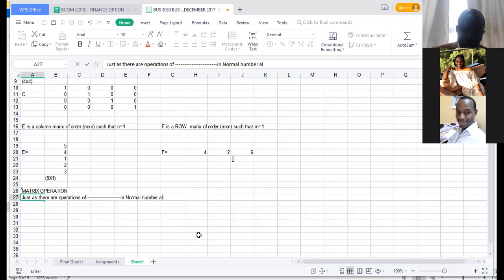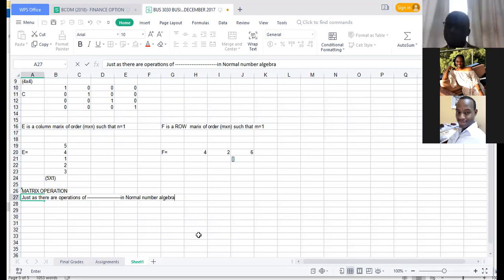Which operations do we have in normal number algebra? How do you operate on the numbers?